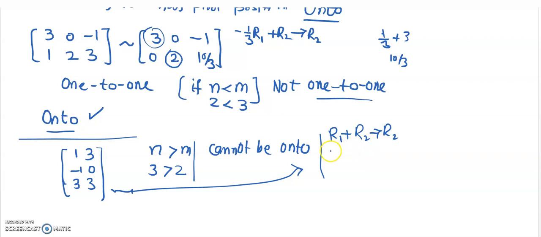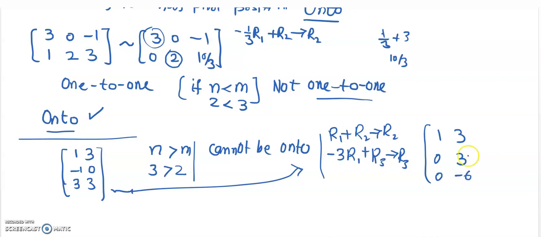And then we can take row operation minus 3 row 1 plus row 3, that will be row 3. So in this case what we will get is 1, 3, then 0, 3, and then 0 and then 3 minus 9 is minus 6.